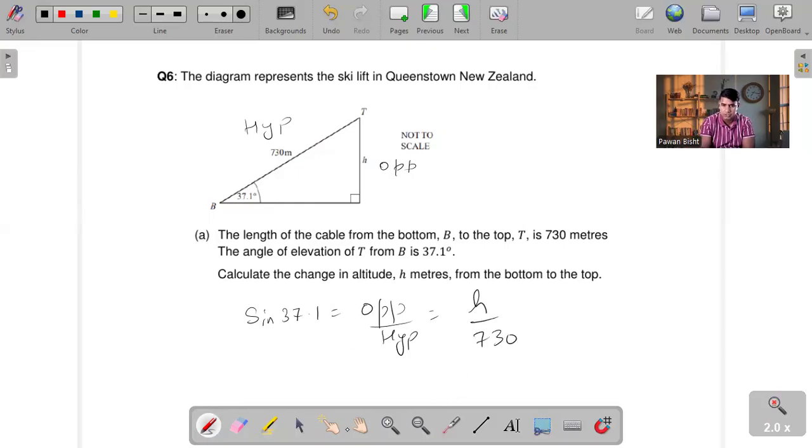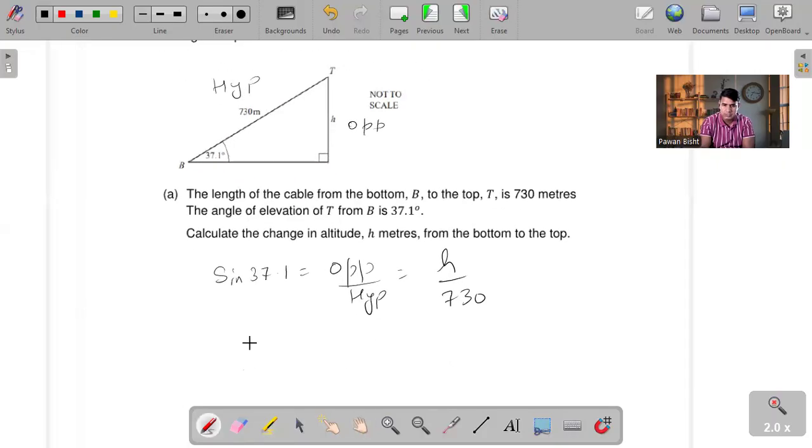So to find h, cross multiply. h is equal to 730 times sine 37.1. Put it in your calculator. It is 440.34 meters.